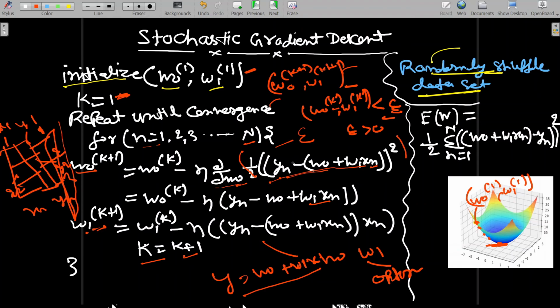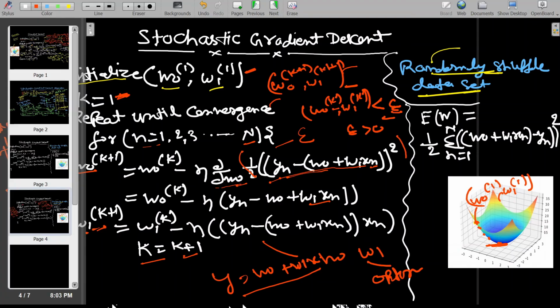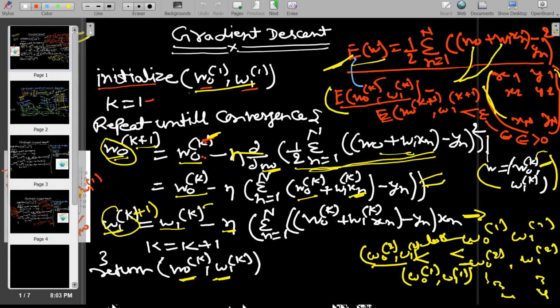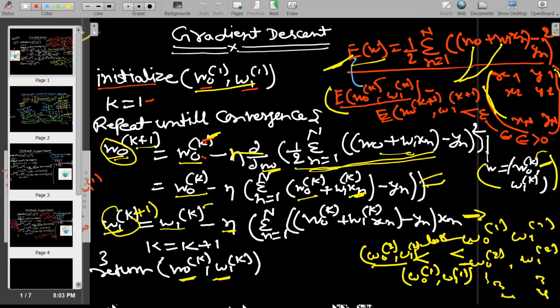So the point to be noted between the stochastic gradient descent algorithm and the gradient descent algorithm is the difference, and I am just repeating again because this is the most important point you have to understand. You can see here in the gradient descent algorithm, we are doing summation and the partial derivative over all the data points, with the sum of squares of error. So we are doing the partial derivative of all the data points in one go to find w0.